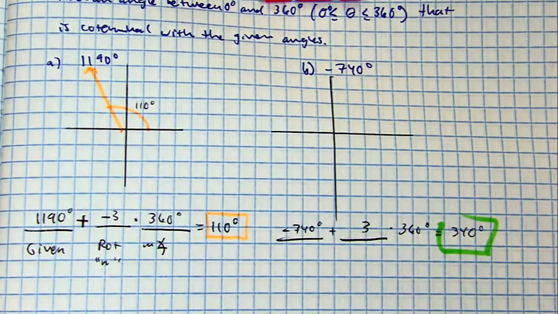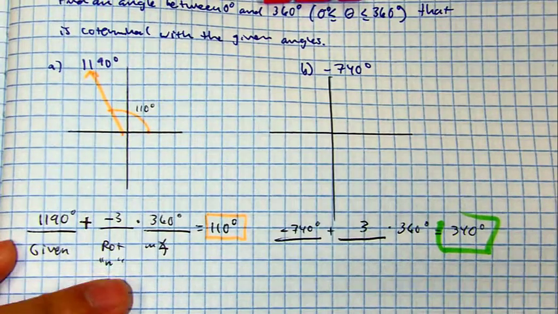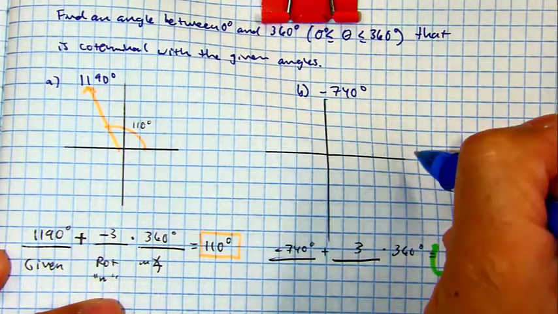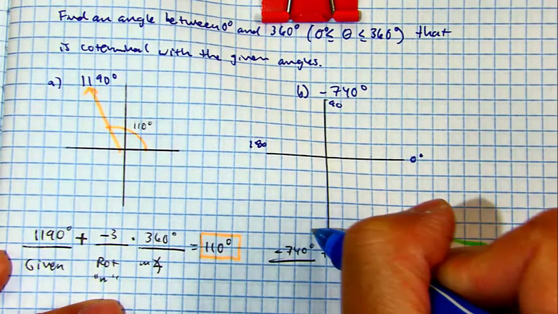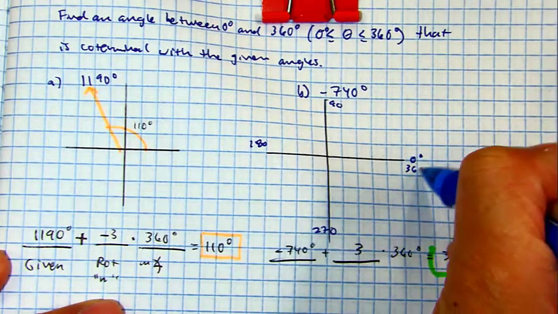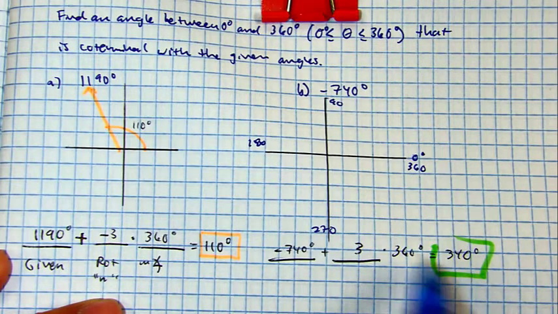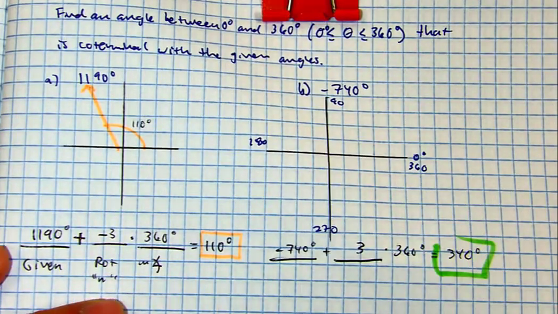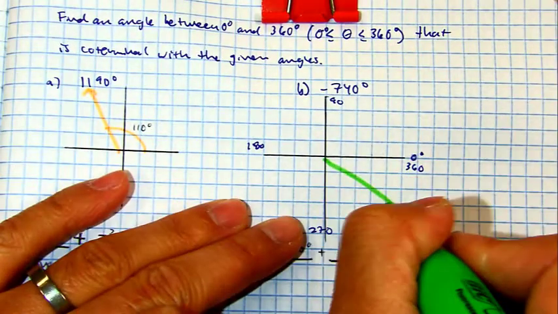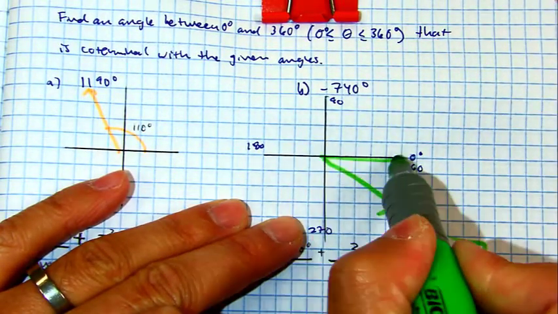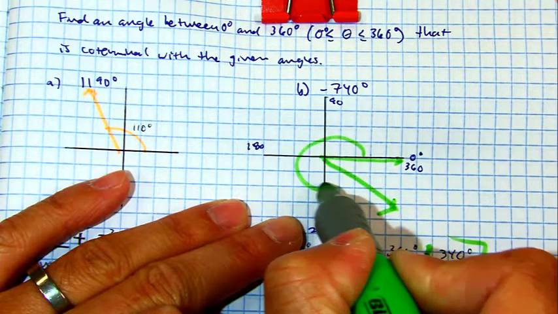So we learned yesterday standard position: 0, 90, 180, 270, 360. And 340 is going to lie between 270 and 360. So essentially that angle looks like this, going in this direction.